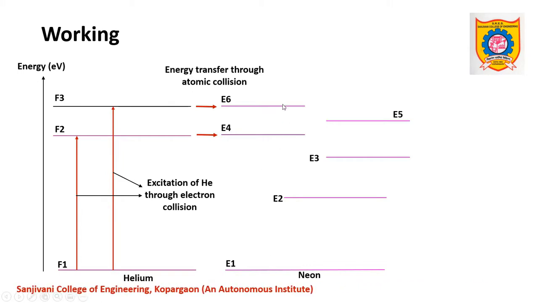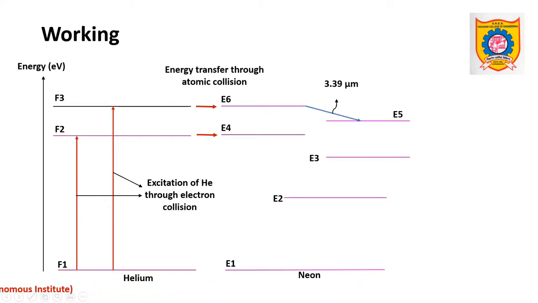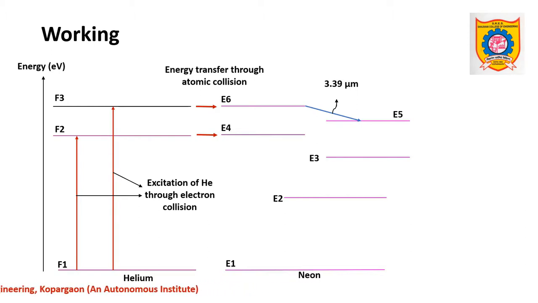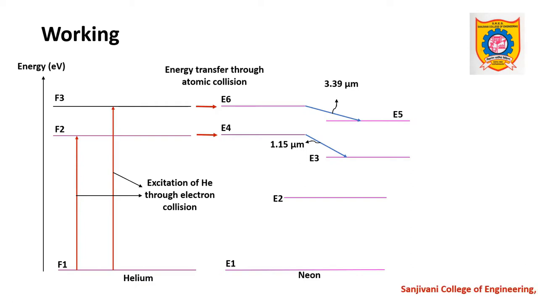So this way, this energy transfer process results into excitation of neon from E1 to either E4 or E6. After that, de-excitation from E6 to E5 results into radiation having wavelength 3.39 micrometer. So this is not in the visible range. Whereas if there is de-excitation from E4 to E3, it will give out a radiation of wavelength 1.15 micrometer.